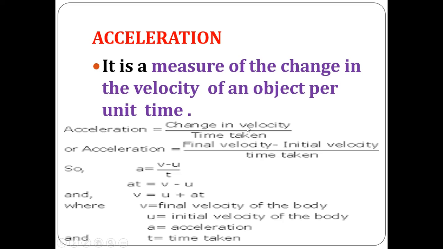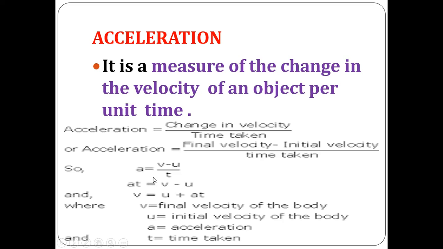So change in velocity means, when there is a motion of a body, while starting, that is called initial velocity, isn't it? And when it stops, that is final velocity. Yes, so there is a change in velocity during the non-uniform motion of the body.